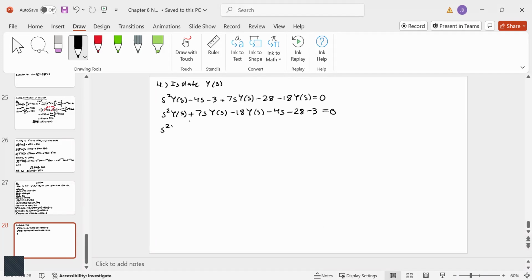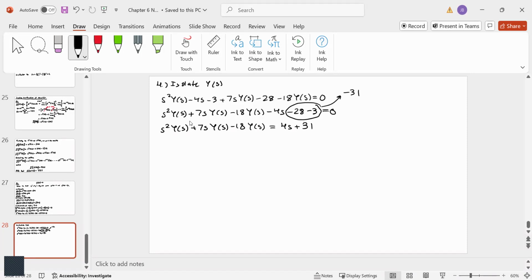And then anything that does not have Y of s, you're going to move over to the right side, or the side that's not where Y of s is, which is usually the right side. So I'm going to get 4s plus 31 right here. When I moved it over, I added everything over, so we get positive 4s plus 31.